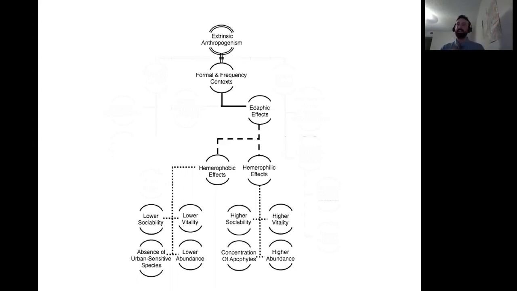Vitality, on the other hand, has 4 categories on whether or not that species is essentially not reproducing, not completing its life cycle.